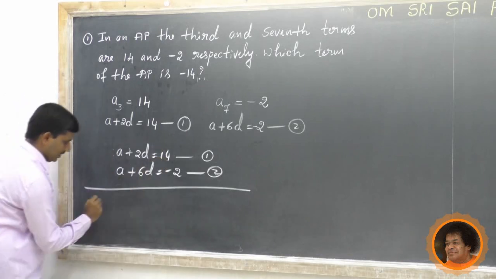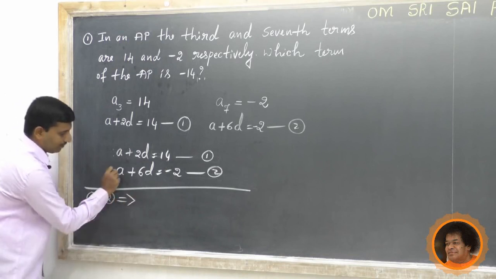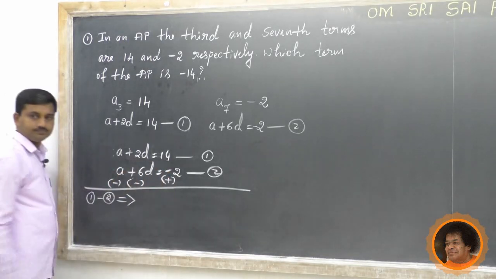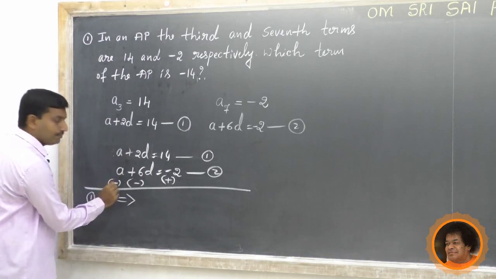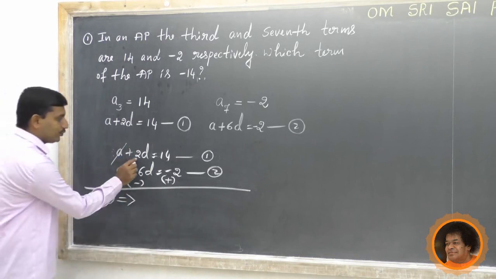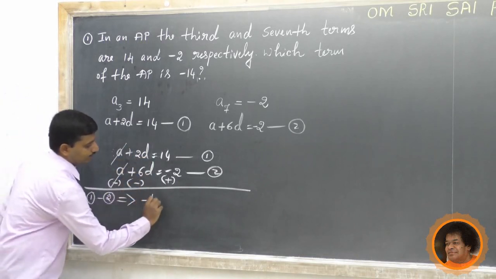Therefore equation 1 minus equation 2. So here plus becomes minus, here minus becomes plus. So plus a minus a, that is 0. And 2d minus 6d, bigger number sign minus, so minus 4d.